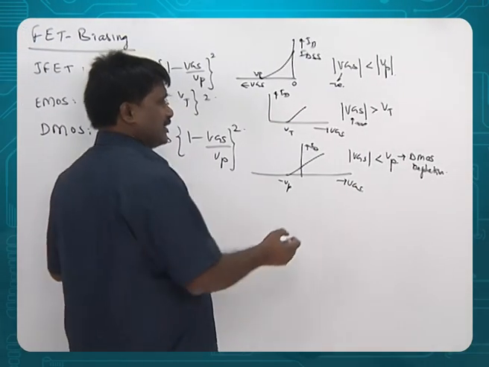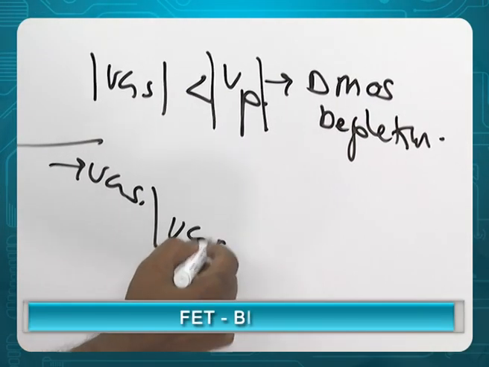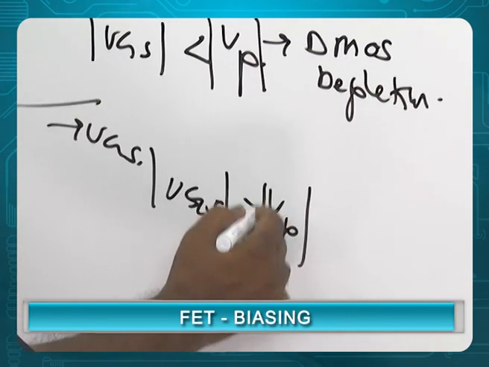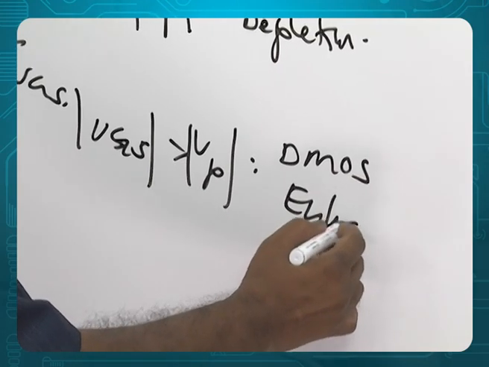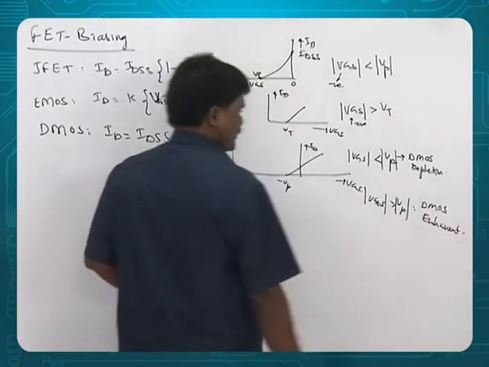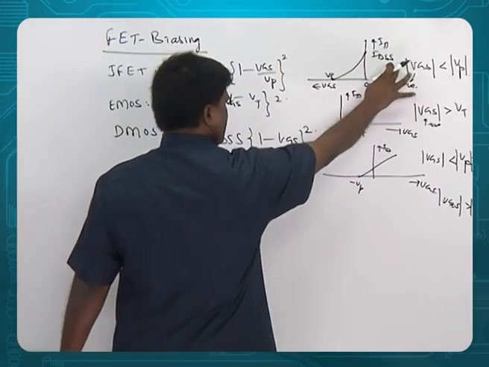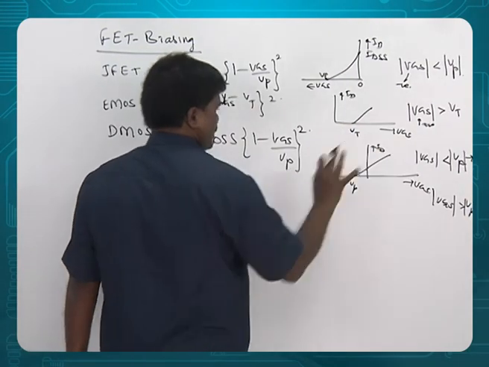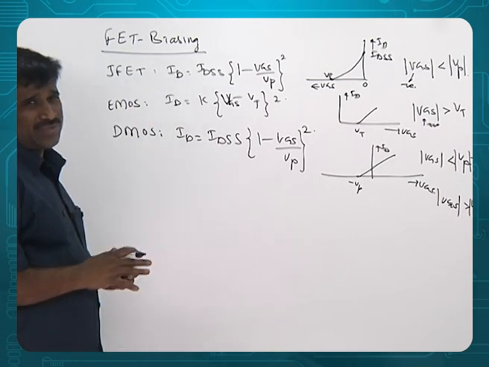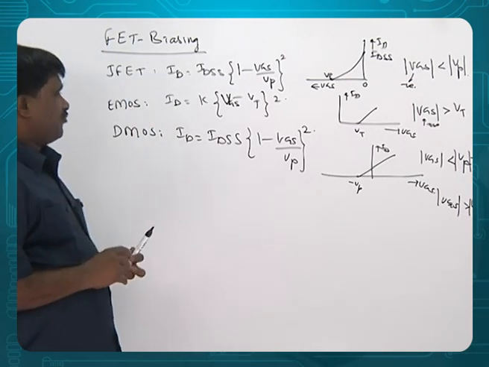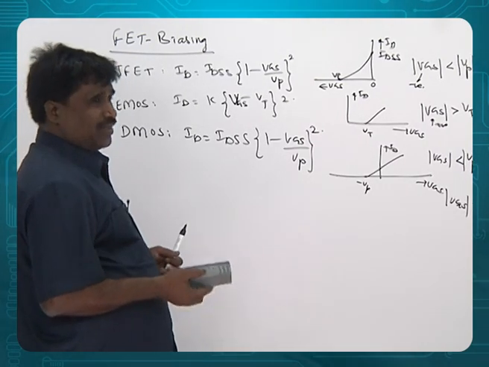But one thing is very clear, if VGS is positive or greater than VP, this is called depletion MOSFET enhancement mode. So these are the three simple ideas: VI equation, characteristics, condition. With this you can talk about how to calculate the values. That is called biasing of FET. With these equations we will go and see how to bias them, what is required.